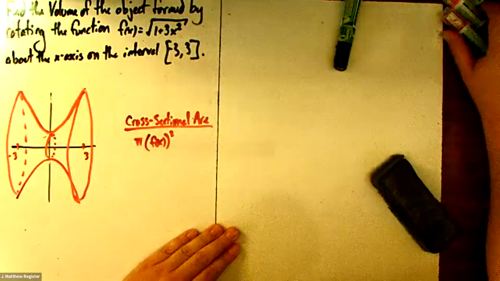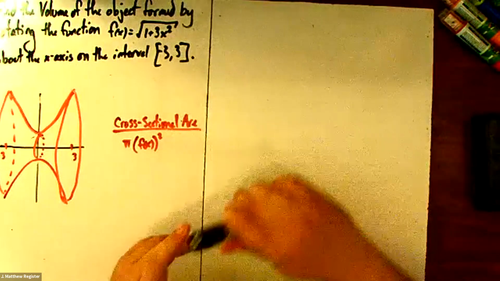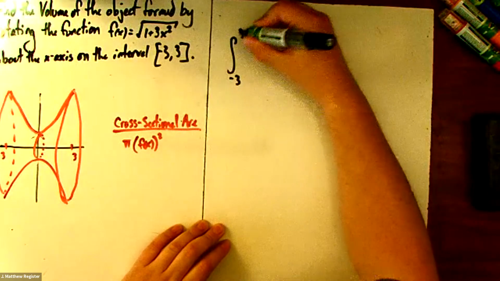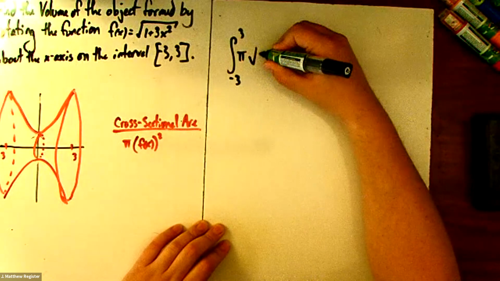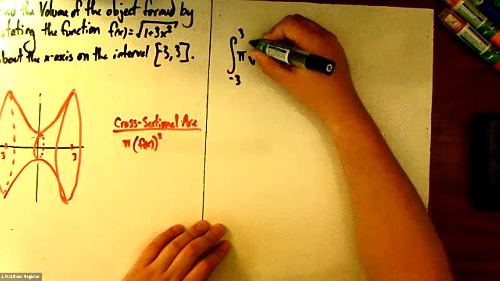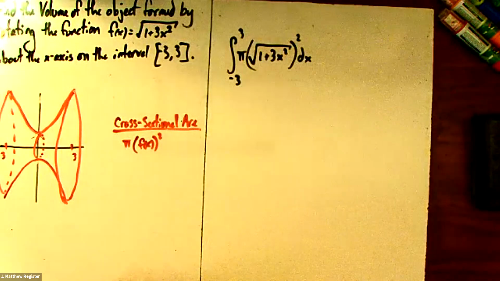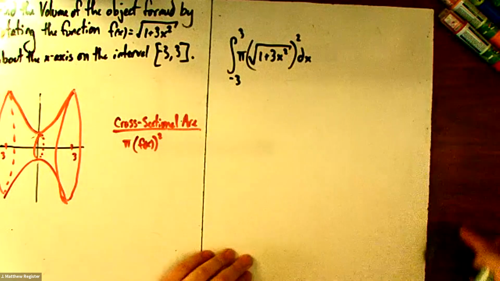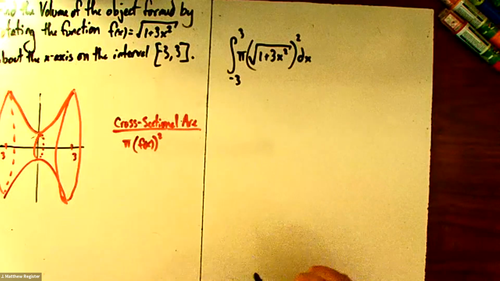The reason why this one is much, much nicer now is because we're going to be doing the integral from -3 to +3 of pi times the square root of 1 plus 3x squared, squared. And that is a much, much nicer thing to integrate, and is probably more in line with what you'll see in the homework.